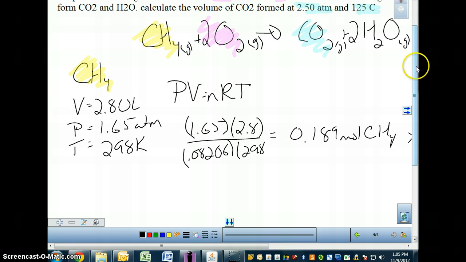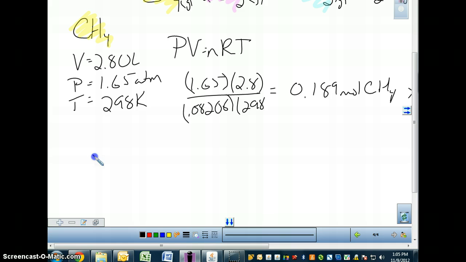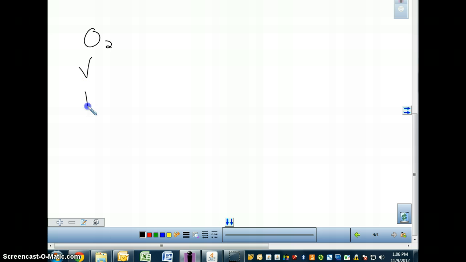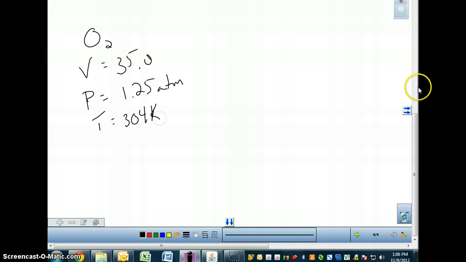Now I still haven't touched my values for oxygen, so I'm going to go ahead and copy those down. I have a volume, I have a pressure and a temperature. My volume is 35.0 liters, my pressure is 1.25 atmospheres, and my temperature converted into Kelvin is 304 Kelvin. And I'll go ahead and highlight that O2 in pink just to keep things consistent.